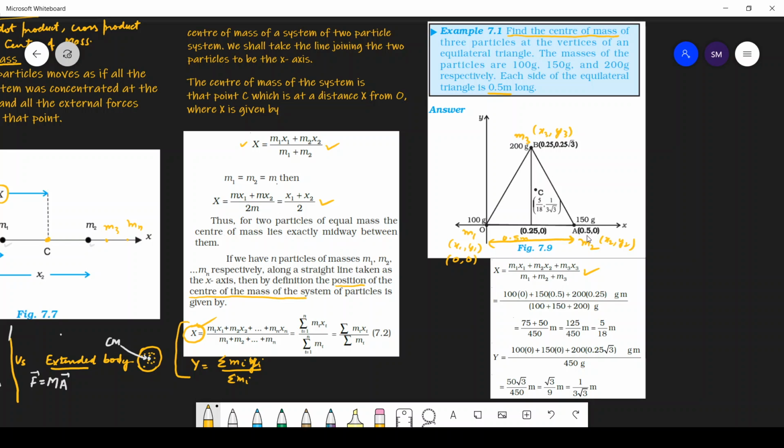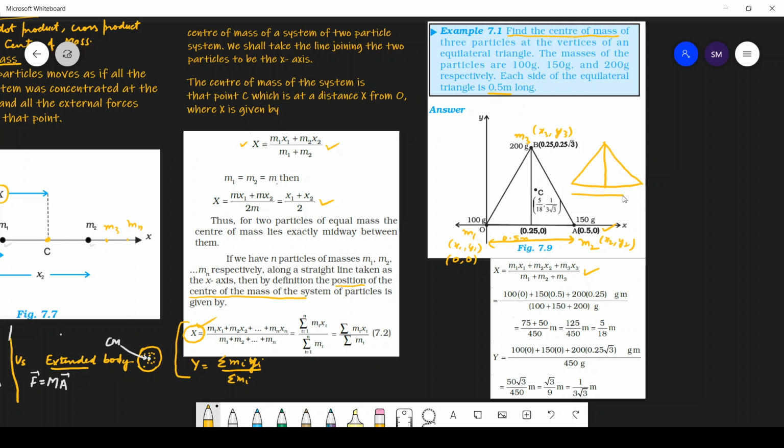So obviously the y coordinate is 0 and the x coordinate is 0.5 meter. Now what about the coordinates of this point? Let us draw it here only. In an equilateral triangle, what is the height?